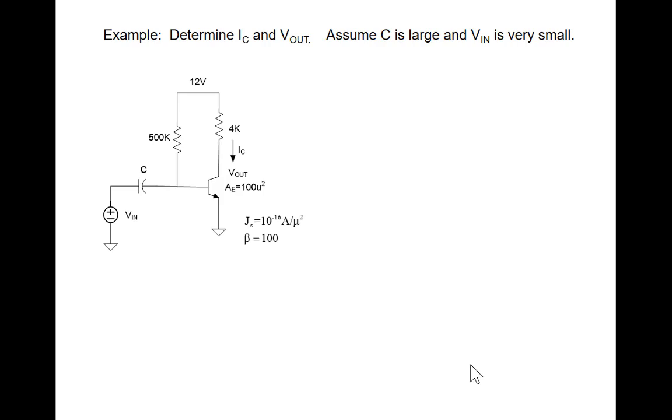What's the DC current through a capacitor? 0. So if this voltage is 0, there's no current through the capacitor, I can wipe this out. If I wipe this out, this is exactly the same problem we solved first. So the output voltage is what we determined earlier. So we've already solved this circuit.